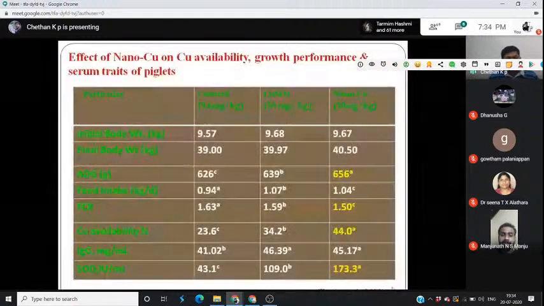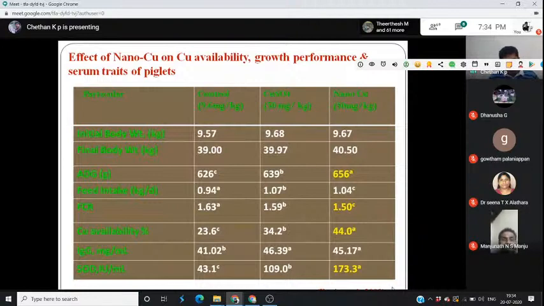After 47 days, he observed, especially with regard to growth performance, there was not much difference in the initial body weight and final body weight, but the average daily gain was significantly better in the nano copper supplemented group. You can see the average daily gain is 656 gram.